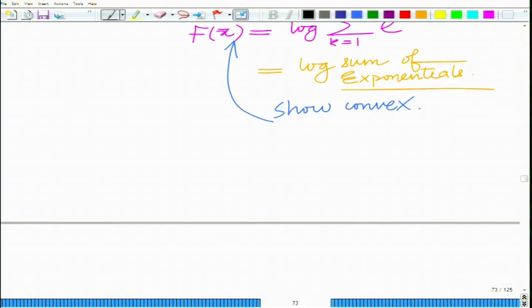First, for convenience, let us set e raised to x k equal to z k.